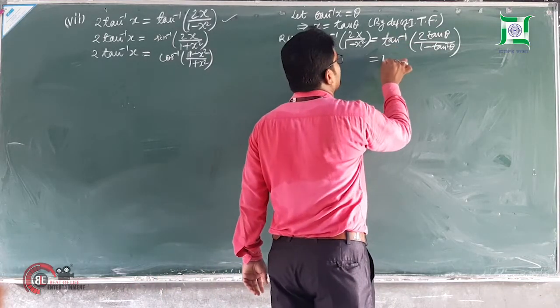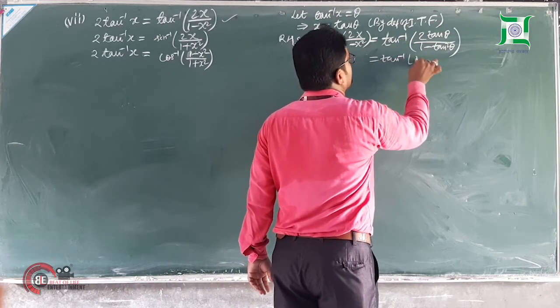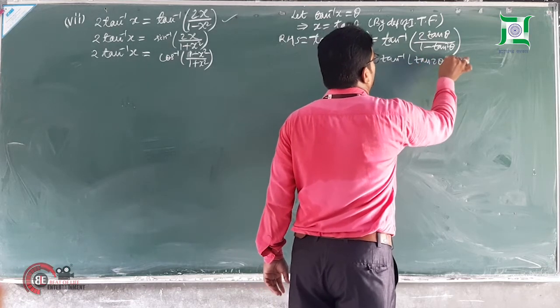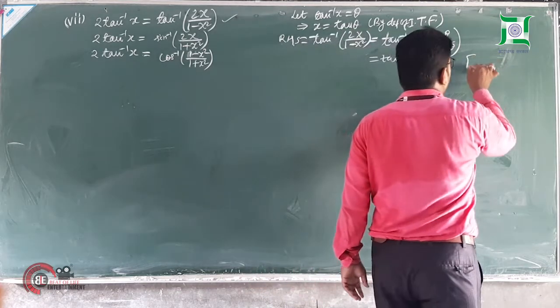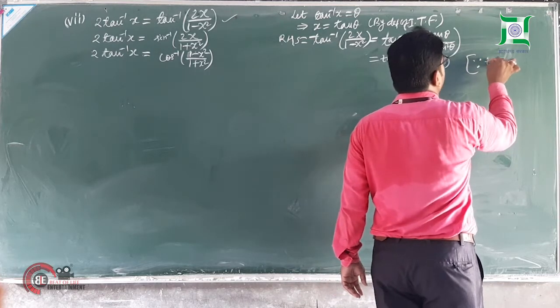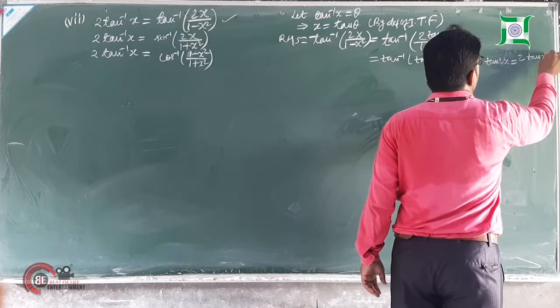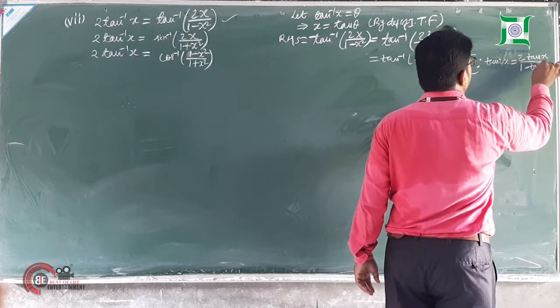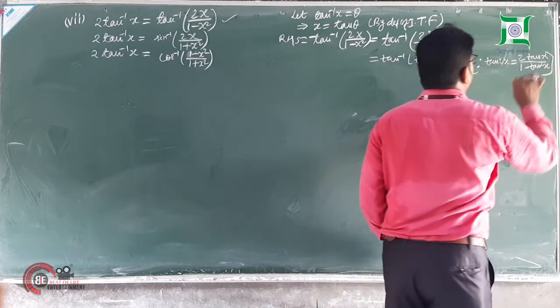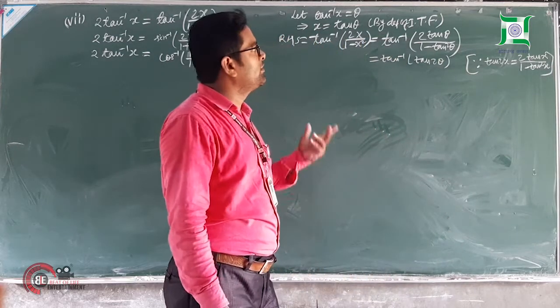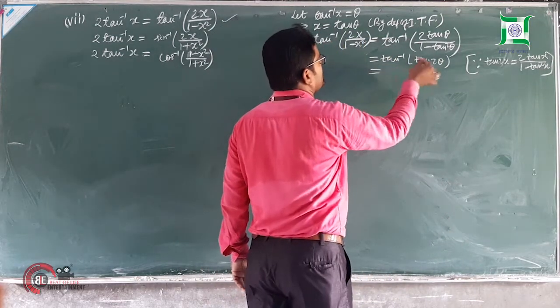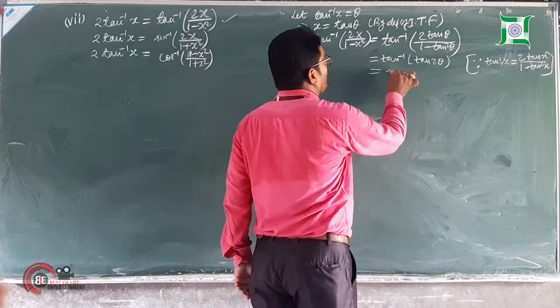So can I write it as tan inverse tan 2 theta? You will write the reason here: since tan 2x is equal to 2 tan x by 1 minus tan square x. It is the formula you can apply. Now, tan inverse tan 2 theta will be 2 theta.